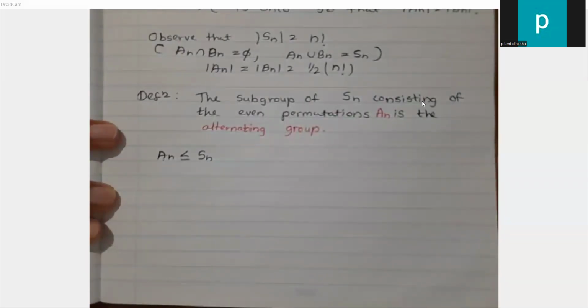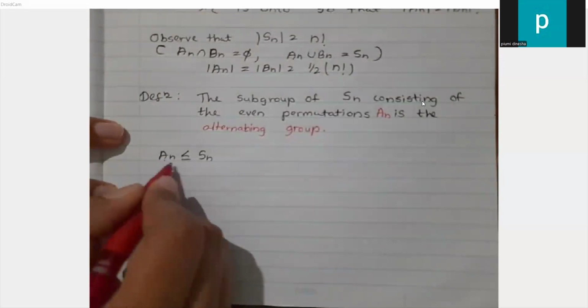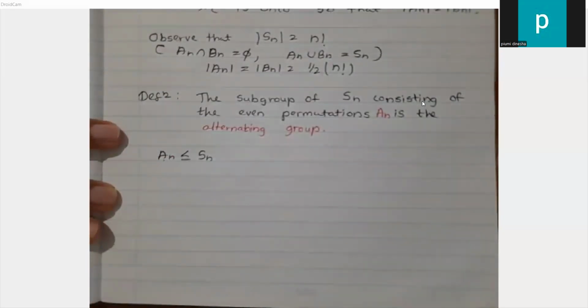We understand that the number of left cosets of An in Sn must be 2.